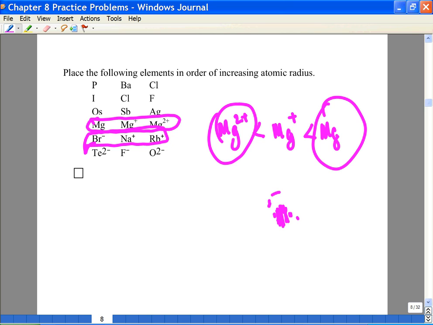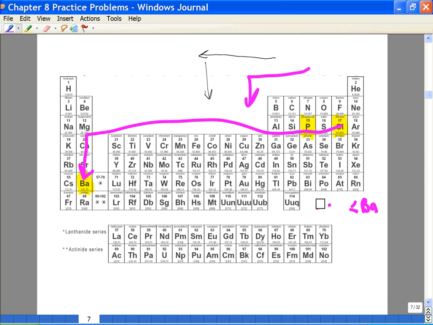So let's take, for example, this bromine anion, the sodium cation, and the rubidium cation. And let's look at those on the periodic table.